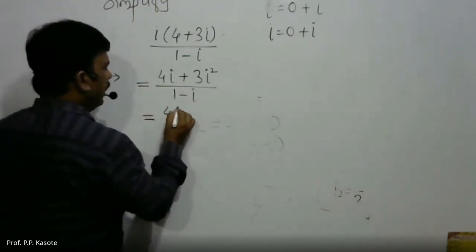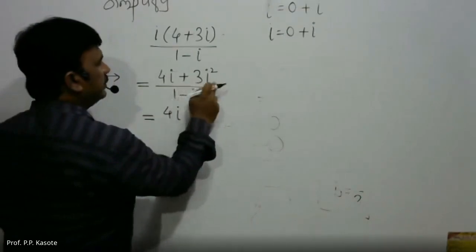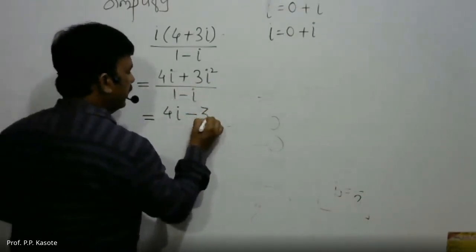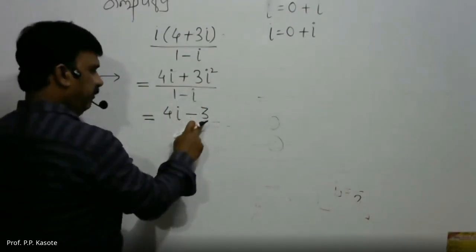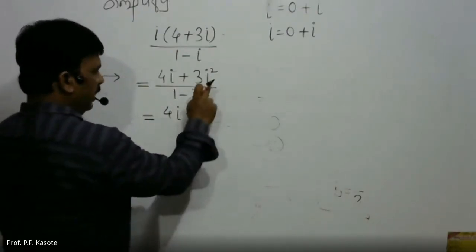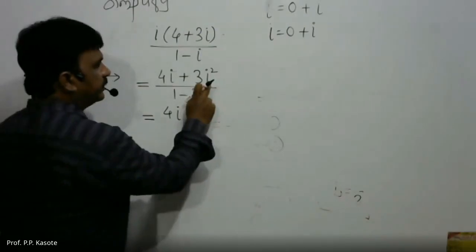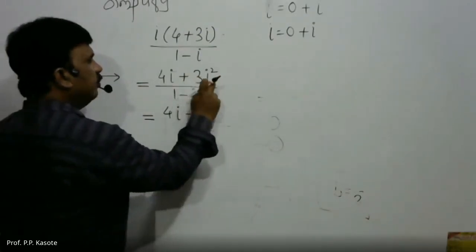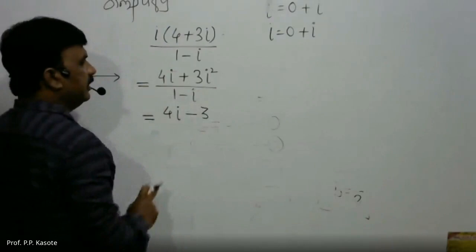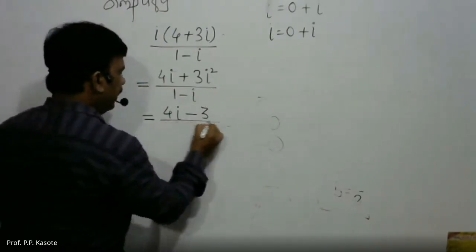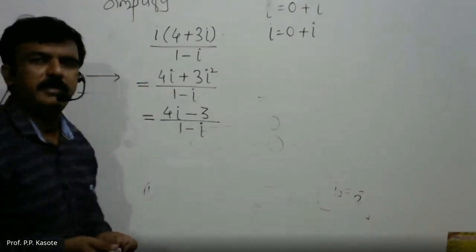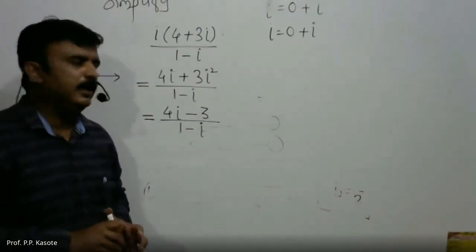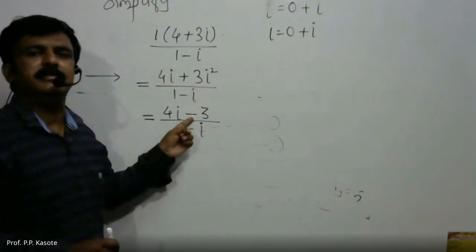Keep this 4i as it is, and this plus 3i square will become minus 3. Plus 3i square, I have written minus 3 directly because the value of i square is minus 1 and 3 into minus 1 is minus 3, divided by 1 minus i. Now, is it a complex number? The answer is yes.